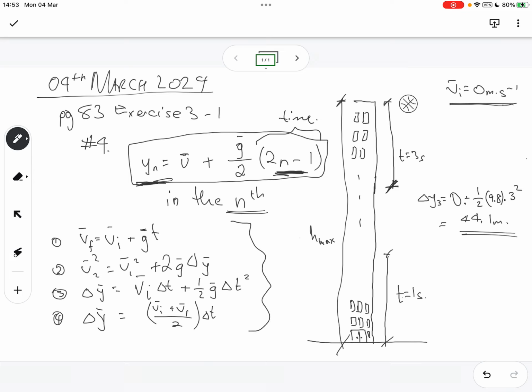So it must be derived from one of these four equations of motion. Definitely.